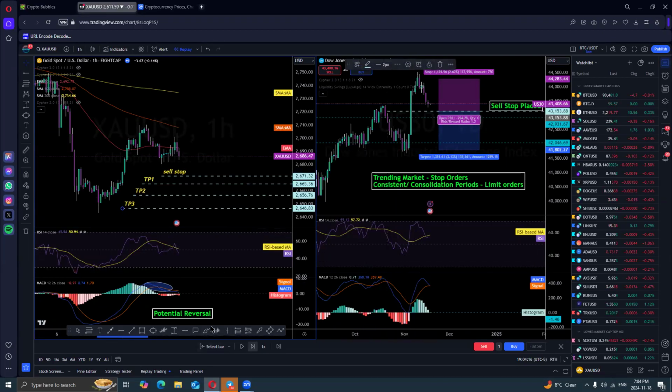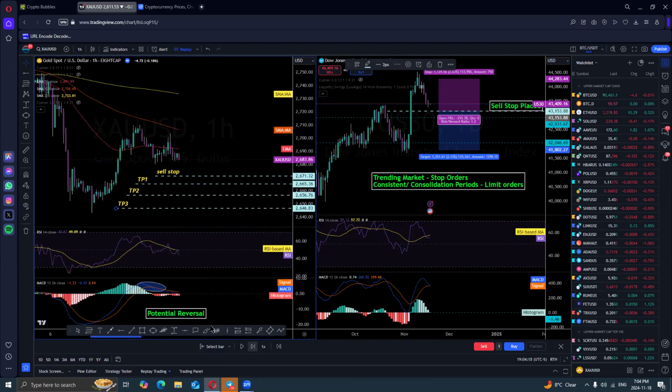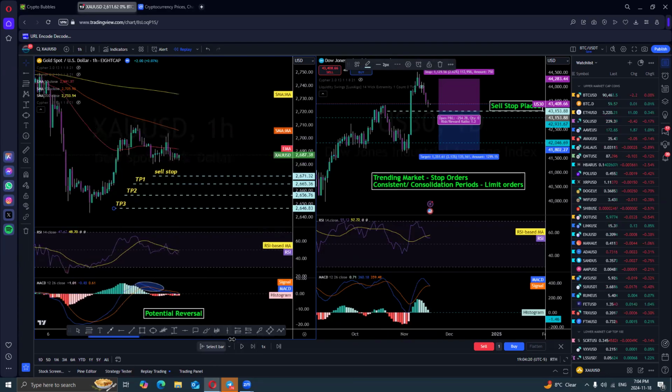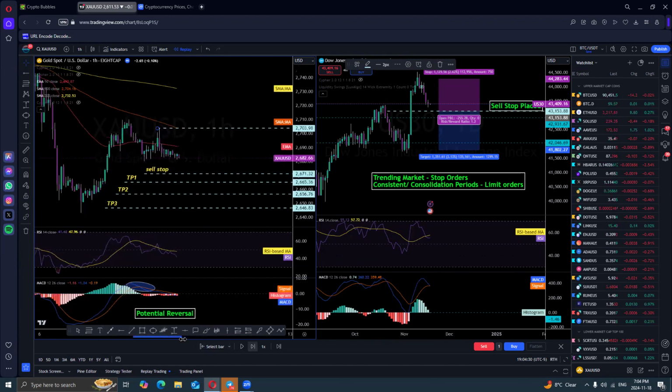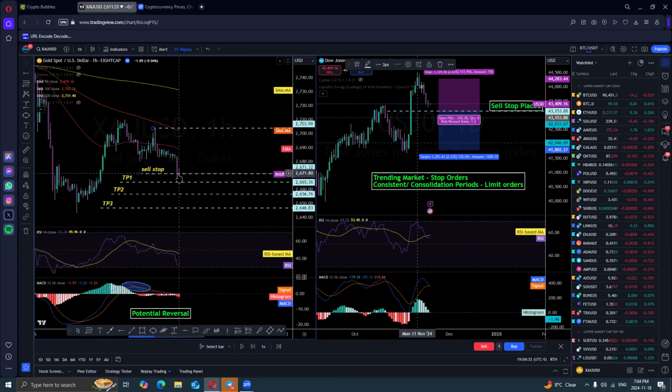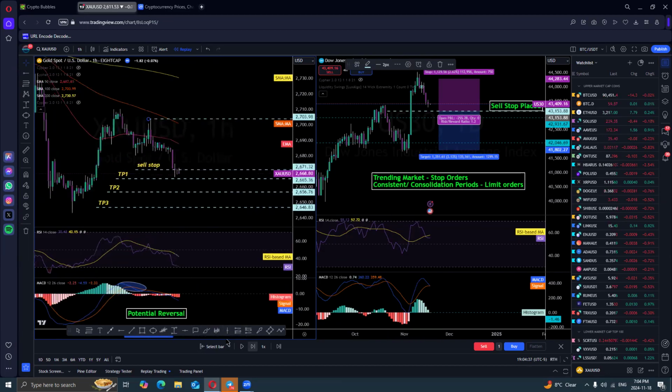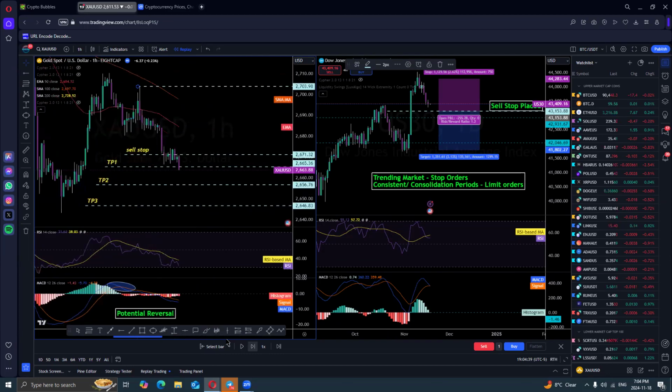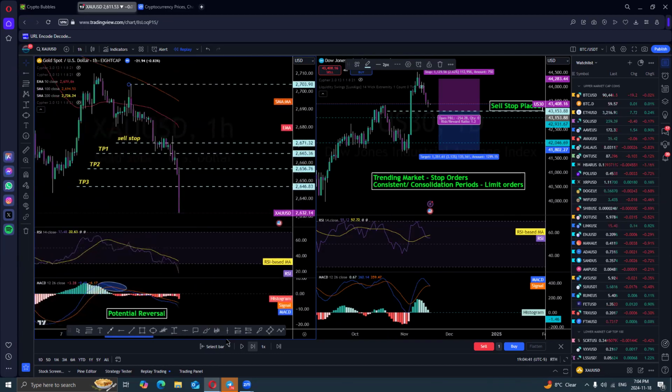Okay, let's see what happens. Oh, sorry, I forgot to place a stop loss. Okay, so stop loss, we're going to place it around here. Okay, guys, TP1 smashed. TP2 smashed. TP3 smashed.